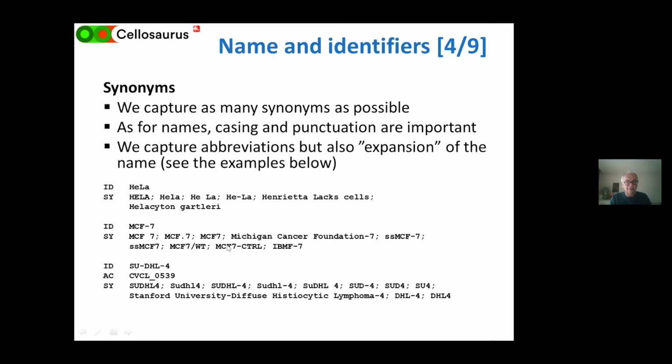What I mean by abbreviation is easy to understand, but what I mean by expansion would be something like this. MCF7 stands for Michigan Cancer Foundation 7. Nobody generally uses that name in a paper, but like this, it allows people to know why that name was given. Or here, SUDHL4 is Stanford University diffuse histiocytic lymphoma 4.